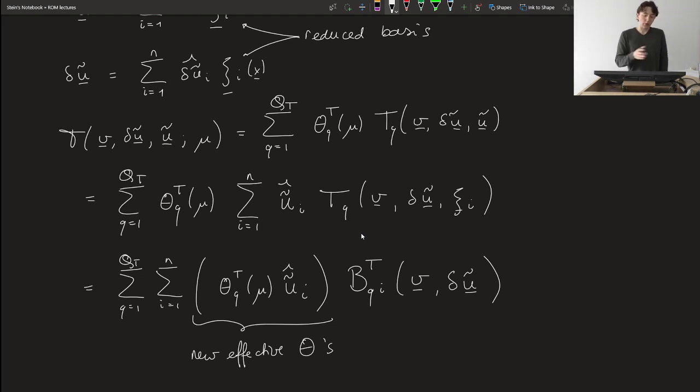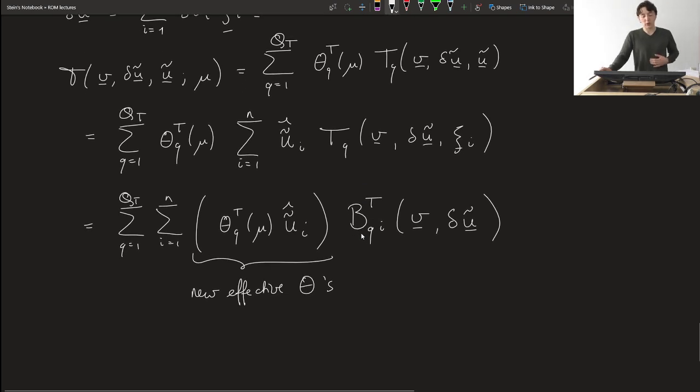The solution from the previous state would show up in these effective thetas, but other than that, it satisfies all the affine decomposability that we require. We're able to assemble our matrices effectively and efficiently during the online phase, and we're able to compute our solutions in each iteration very quickly.